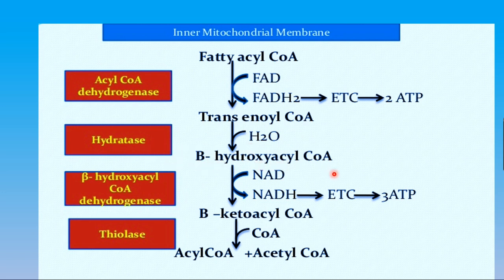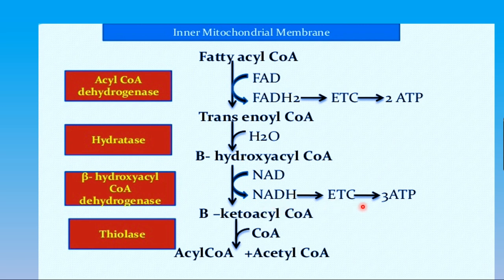and now this trans-enoyl CoA gets hydrated in the presence of the hydratase enzyme, giving rise to beta hydroxyacyl CoA. Now this beta hydroxyacyl CoA again undergoes oxidation, that means the dehydrogenation process, in the presence of the enzyme beta hydroxyacyl CoA dehydrogenase. Okay, and in this process you are going to have NADH generation.